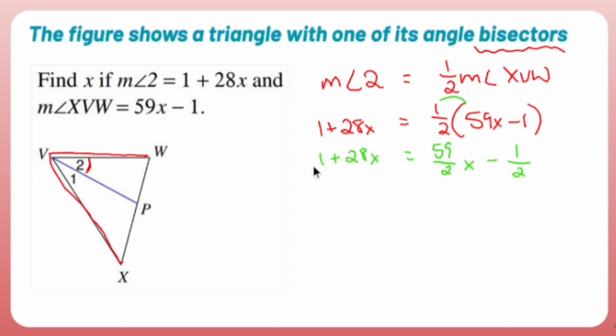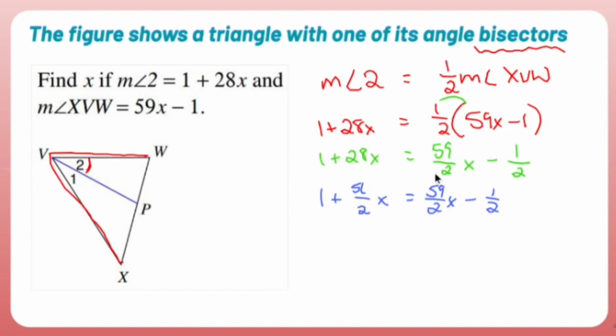Since my next step is to subtract 59 over 2 x, I'm going to turn 28 into something over 2. I multiply 28 by 2, which is 56, so I have 56 over 2 x. Let's drop down the 1, and drop down the equals 59 over 2 x minus a half.